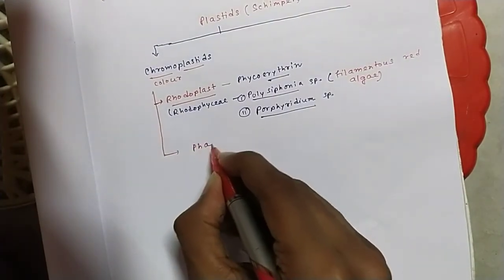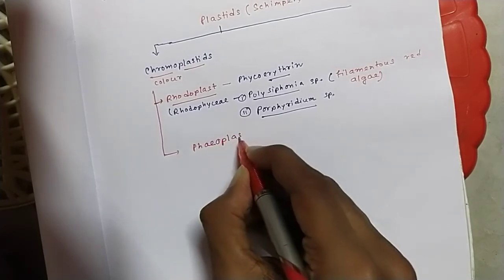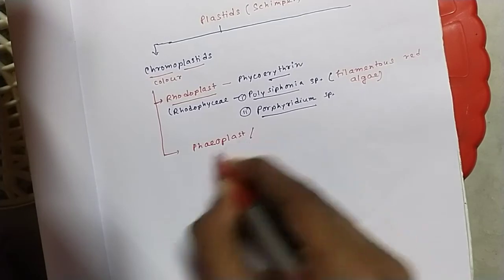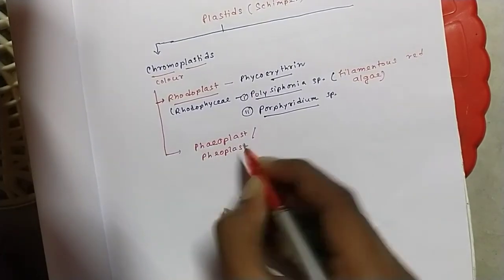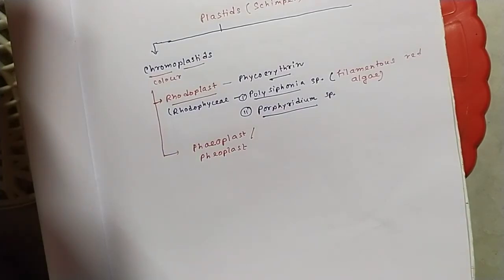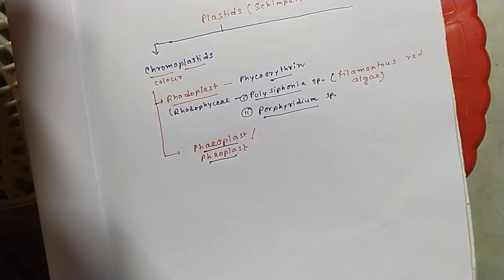Okay, the next type is pheoplast, or simply phaeoplast. Both the words are correct and are used by standard books.